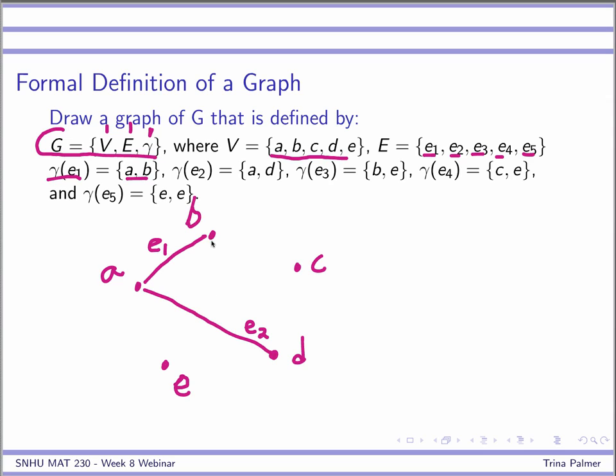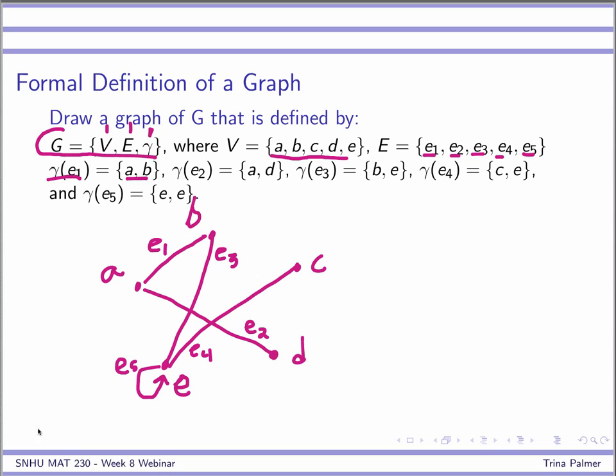E3 connects B and E. And then E4 connects C and E. And finally E5 connects E with E, so it's a little loop.